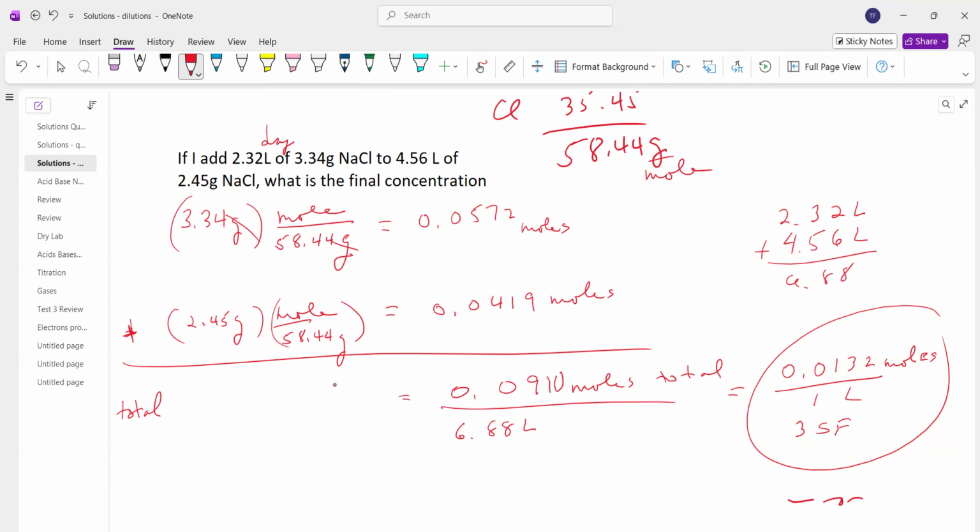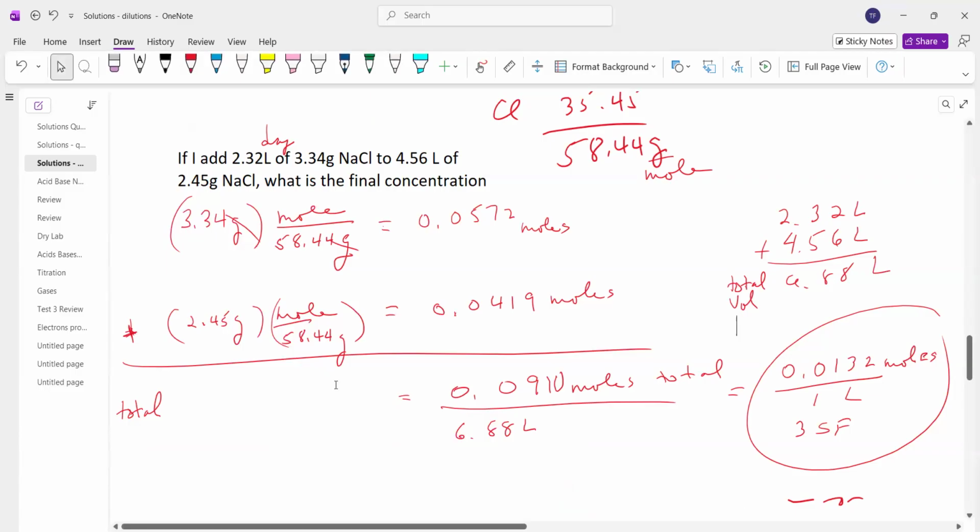Okay, let's see this. Okay, so we have two solutions that started with dry ingredients, dumped it all together. Now let's do, are there any questions about this?